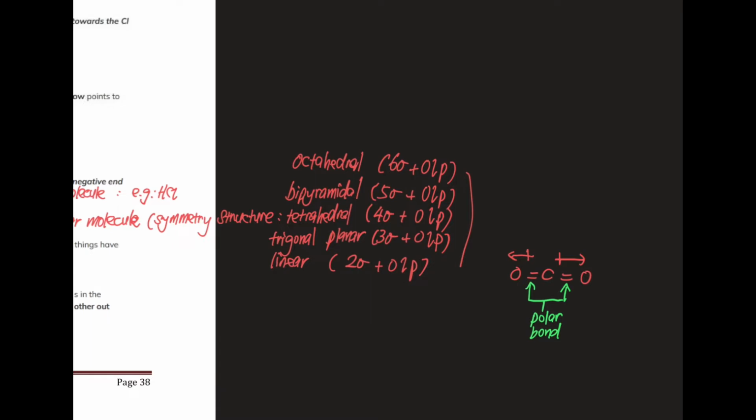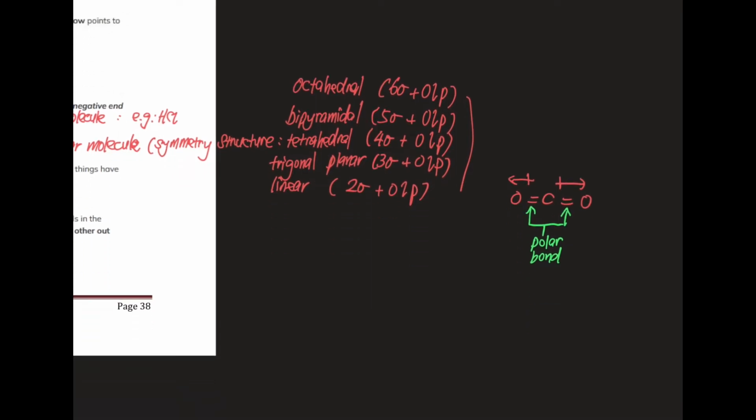It's something like physics: if somebody pulls an object 5 Newton to the right, and another pulls it 5 Newton to the left, they cancel off and the resultant force is 0. So the dipole moments are cancelled off in all these situations. Let's do one more example, trigonal planar. Let's say I take BF3.